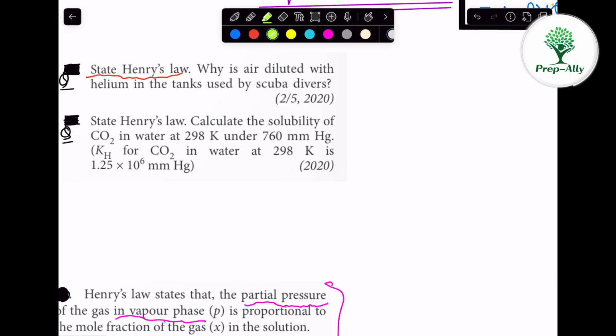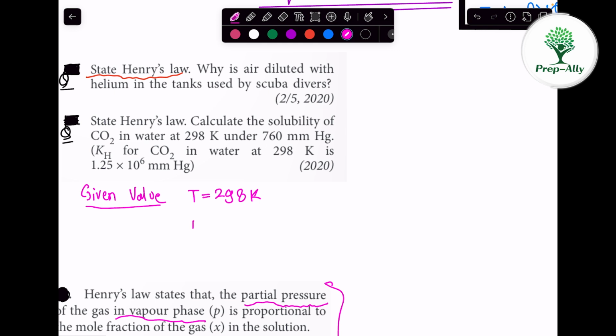Now if you want to solve the numericals, then we need to solve them stepwise. So according to these steps, first of all, we will write the given values. The first given value is temperature, that is 298 Kelvin.